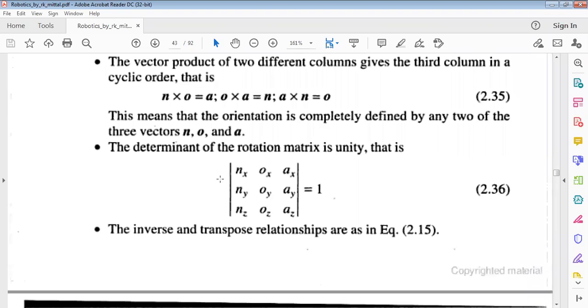The fifth property: the determinant of the rotation matrix is always unity.